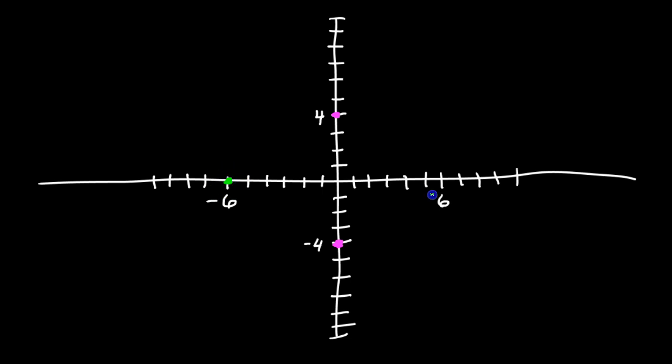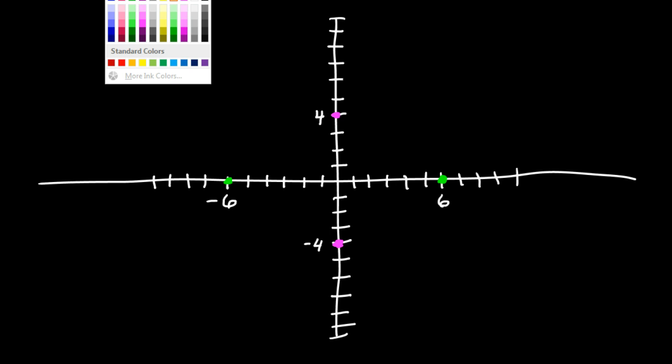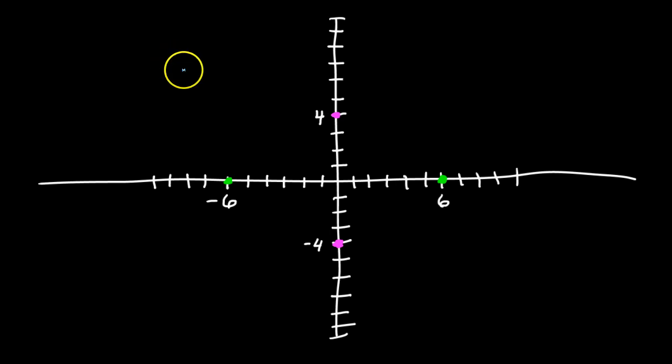So these will be my co-vertices. Now my vertices and my co-vertices are going to give me a rectangle. So let's draw the rectangle that's defined by these vertices and co-vertices. All right, draw the rectangle as a dotted line.